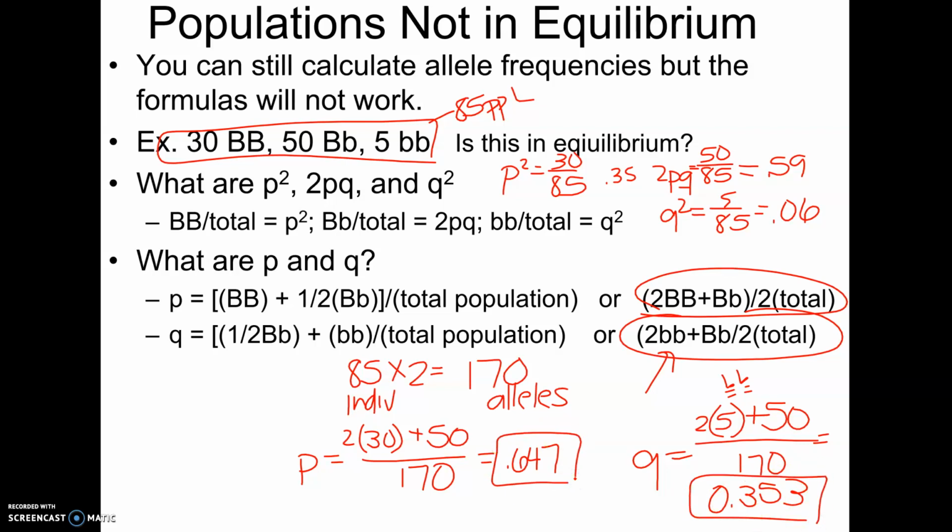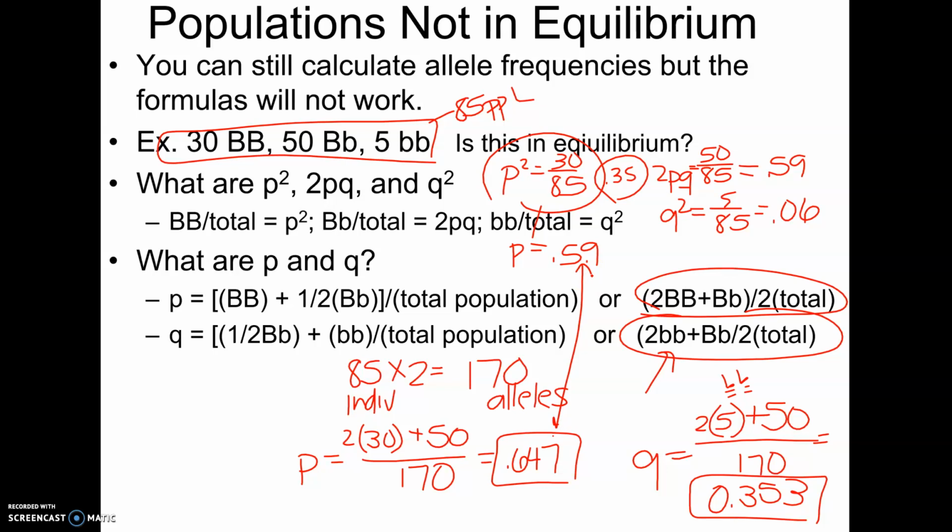Now, notice, I can already tell this is probably not going to be an equilibrium, because if I calculated the shortcut way, sorry, let's take our P squared that we got up here. So here, we got 0.35 was P squared. If I take the square root of 0.35, I get that P would be equal to 0.59, which does not match this P, 0.59 versus 0.646.